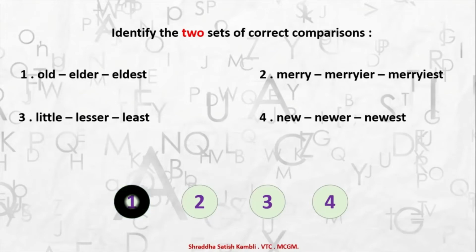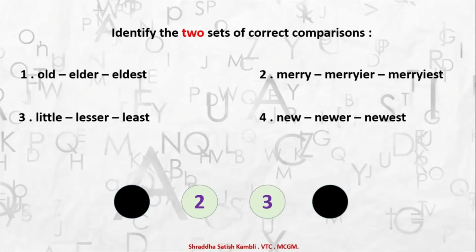The first one, old, elder, eldest, is the first correct answer, and the 4th one, new, newer, newest, is correct. When you use old, elder, eldest in a sentence, you will say old, elder than, and the eldest. Likewise for new: newer than, the newest.